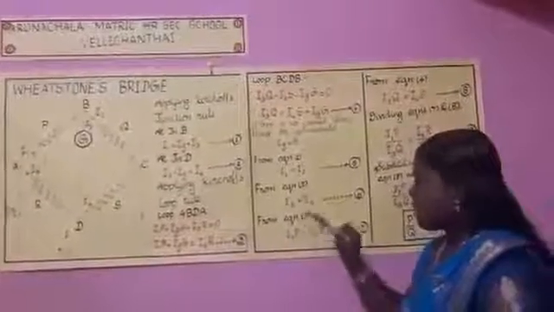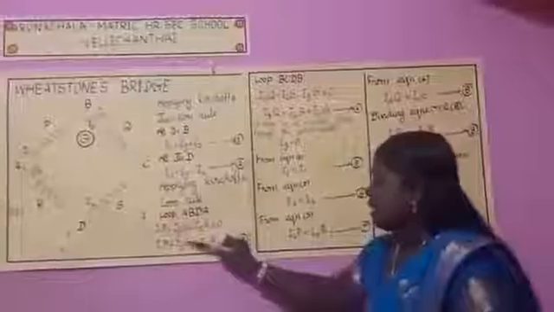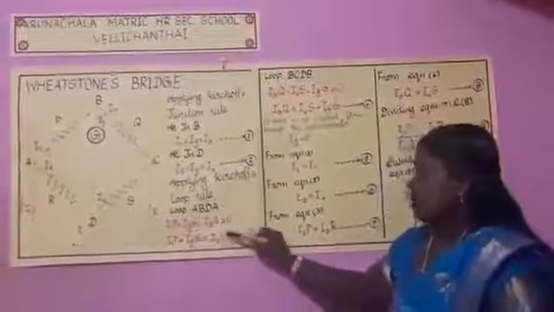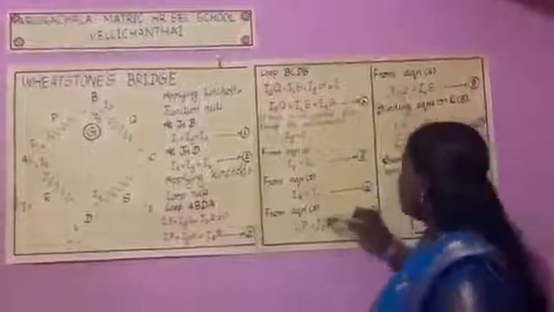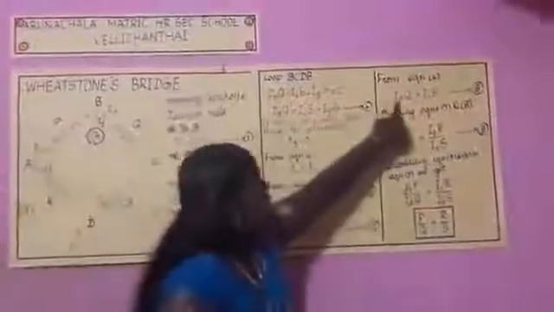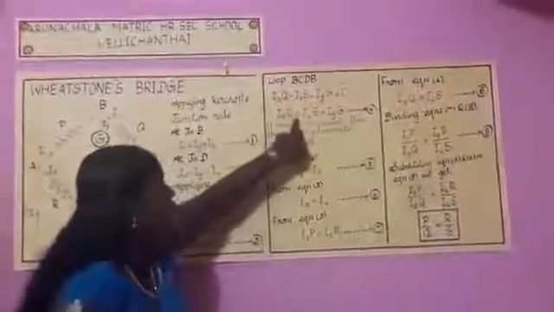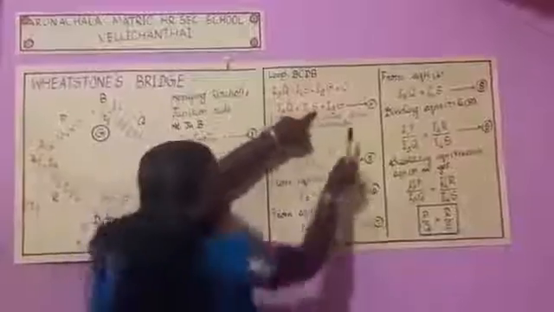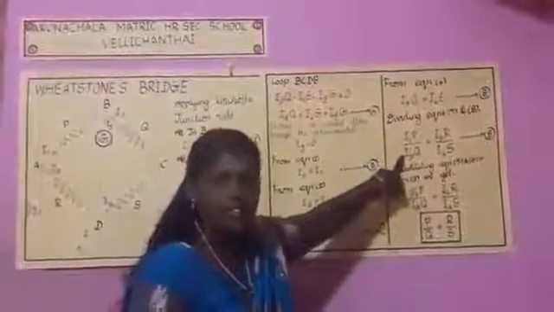The next, from equation 3, Ig is 0, so therefore I1P equals I2R. From equation 4, I3Q equals I4S. We consider Ig equal to 0. Can you understand this derivation?